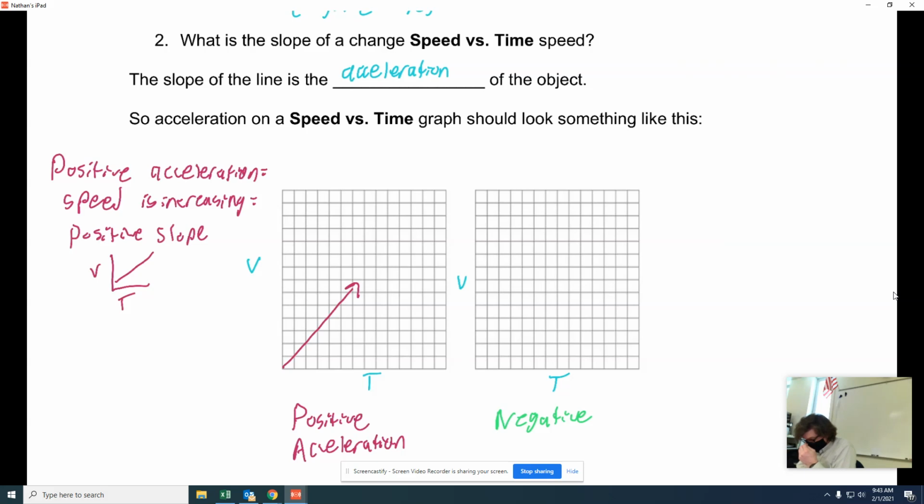On the other hand, if I have negative acceleration, that means my object would already be starting at a higher speed, and then its speed is decreasing over time. So my graph would end up looking something like this.